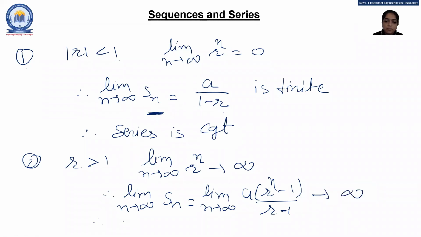At that time, the series is divergent. So you have to keep in mind that when modulus of R is less than 1, your series is convergent. Modulus of R means what? That is your ratio between two terms. So when your ratio is less than 1, the series is convergent. When your ratio is greater than 1, your series is divergent.